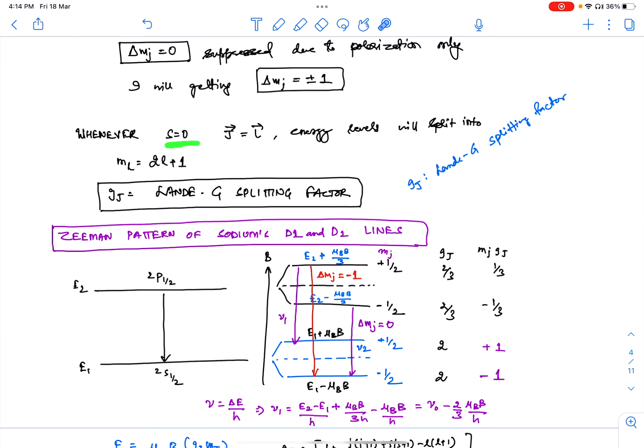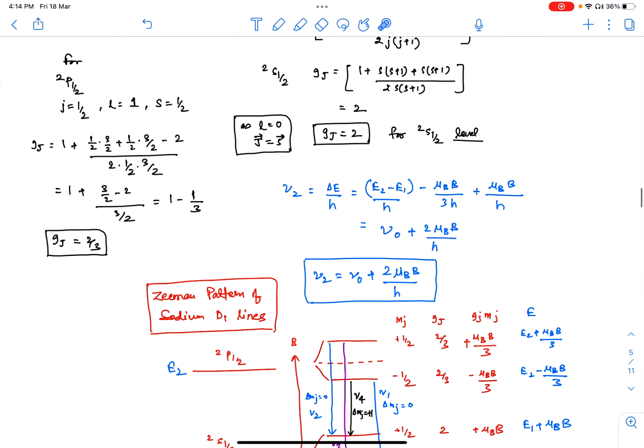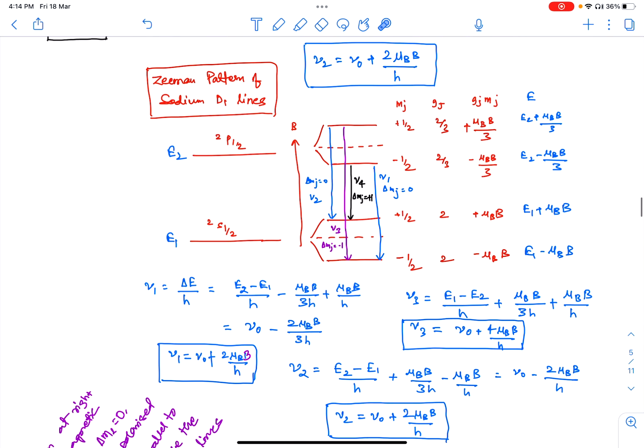So this corresponds to m_L for the normal Zeeman effect. The Landé g factor, again we have seen this value; the sodium D1 D2 lines split into components, 10 components. This is it, right?